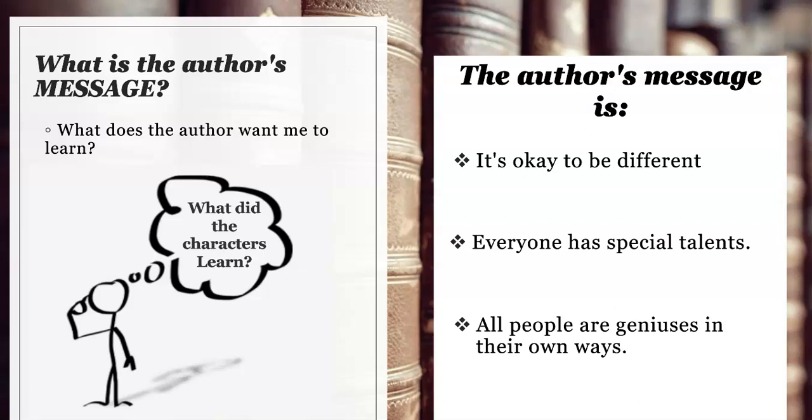It teaches us so much about accepting others and about accepting ourselves and really believing in ourselves. Right? Now that we have that out of the way, 3 great examples of how author's message really can be multiple things. There's more than one message in most stories, and I just think it's absolutely important to understand author's message.